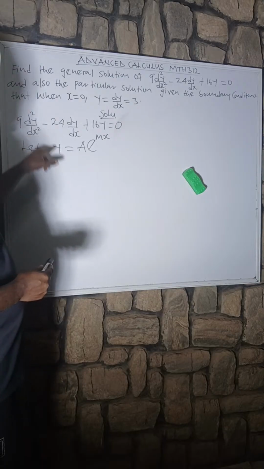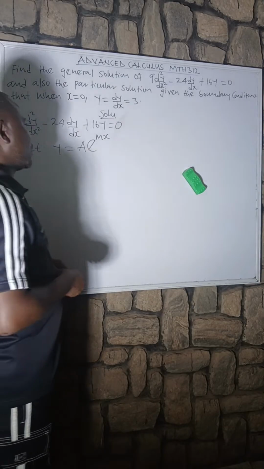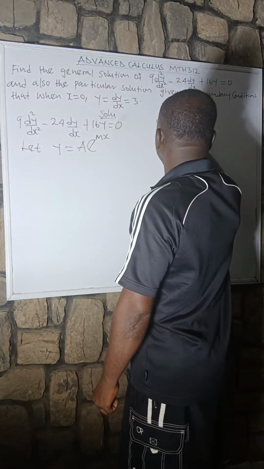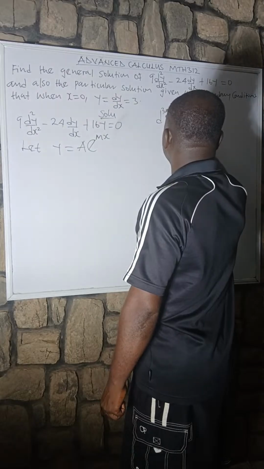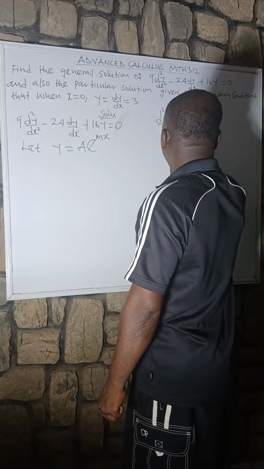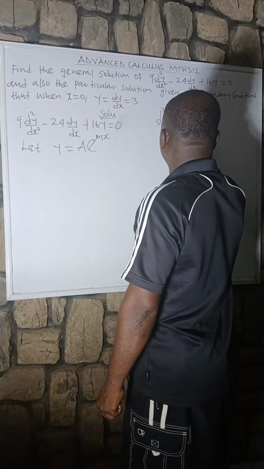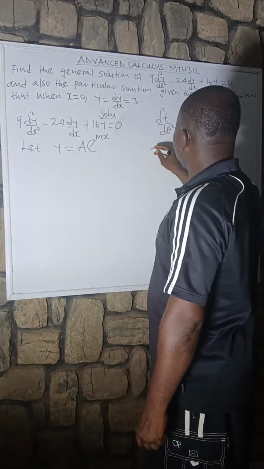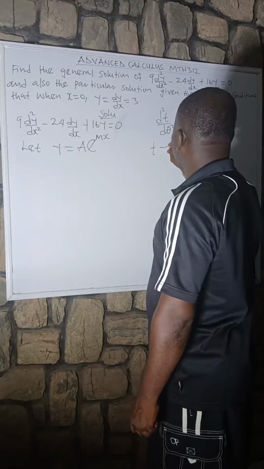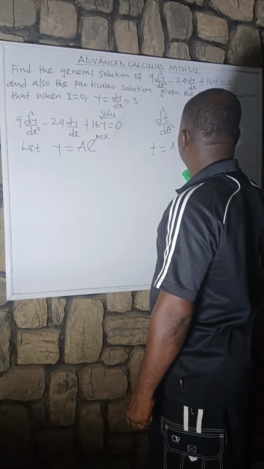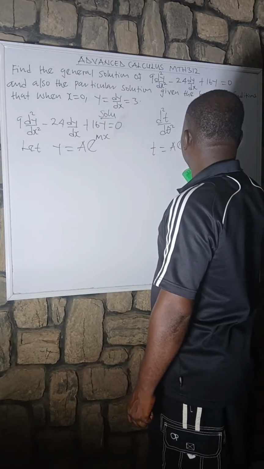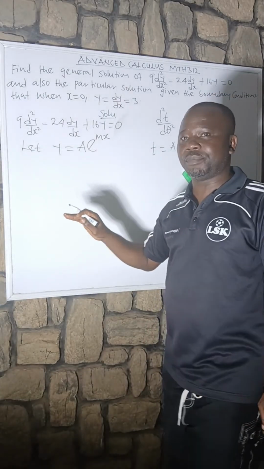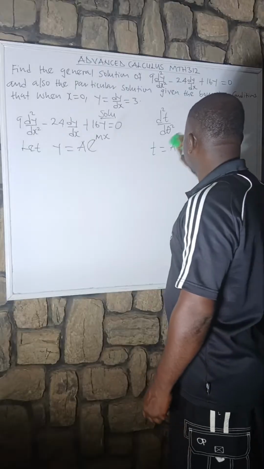But supposing we have here maybe d squared t over d theta squared, we are going to let t equal a exponential m theta. Take note, it's very important.